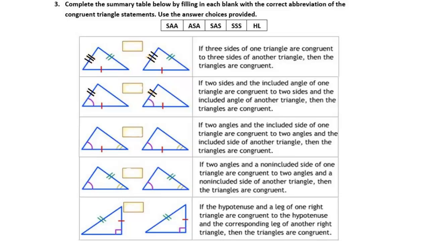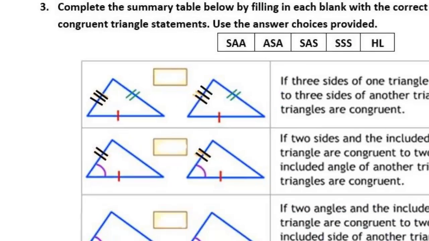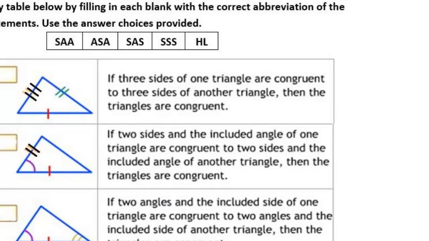So let's come down here to number 3. We have 5 ways that we will show 2 triangles as being congruent to each other. This first one says if 3 sides of one triangle are congruent to 3 sides of another triangle, then the triangles are congruent.